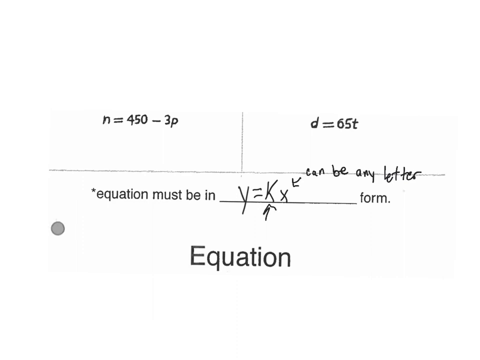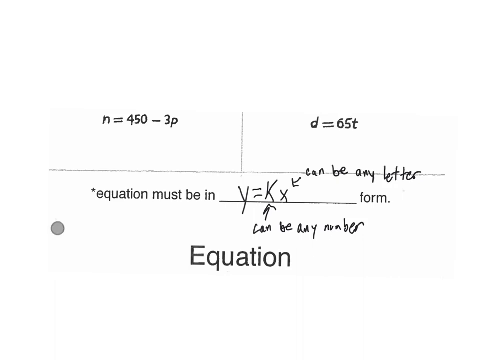And the k right here can be any number. Now notice, right here, when we have two things right next to each other, that is multiplying. So this is k times x.